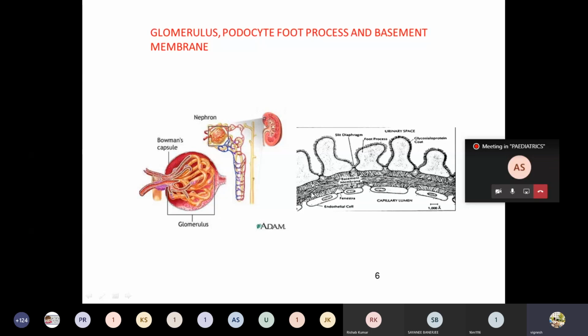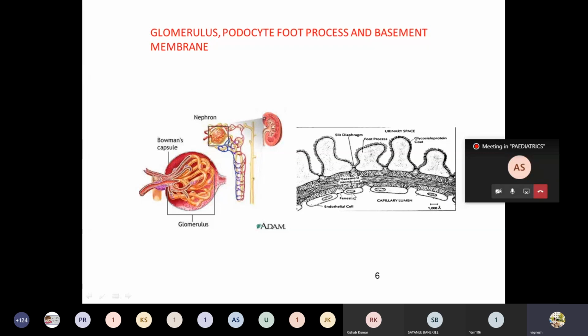So let us see this microscopic version of the Bowman's capsule. You can see here there is a gap. You are going to see this gap in these conditions. These are the capillary lumen. Whenever blood comes, it starts filtering here.